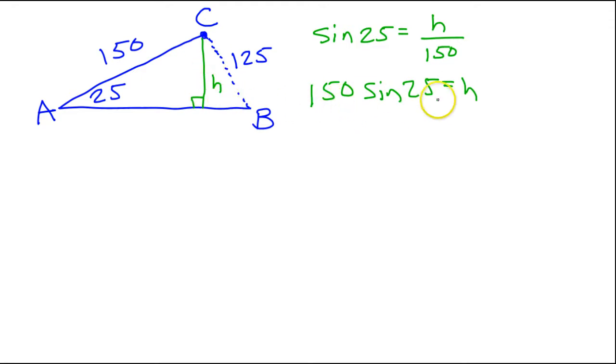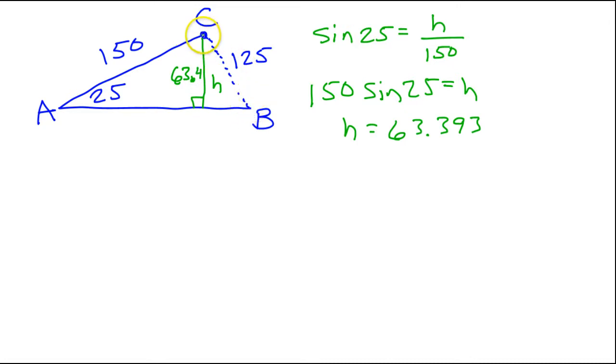So I'm just going to put this in my calculator real quick. 150 sine 25. So that's telling me that the height is 63.393. Okay, so the height is about 63.4. So will this make a triangle?